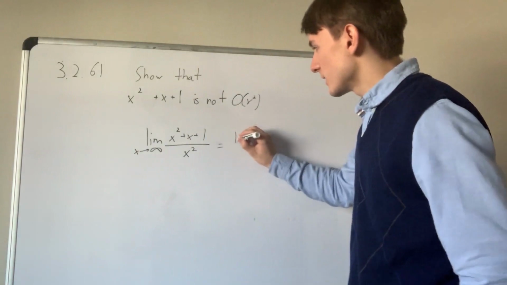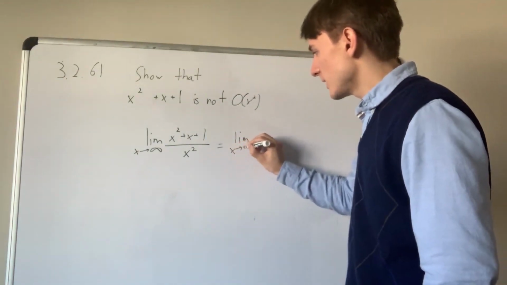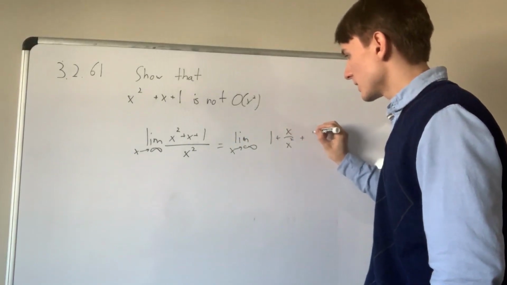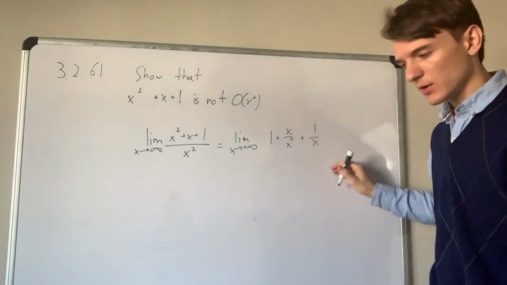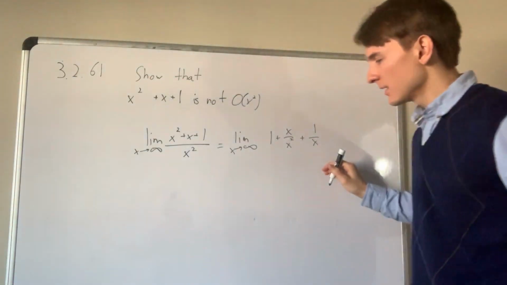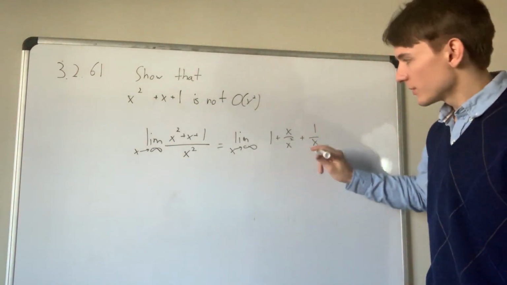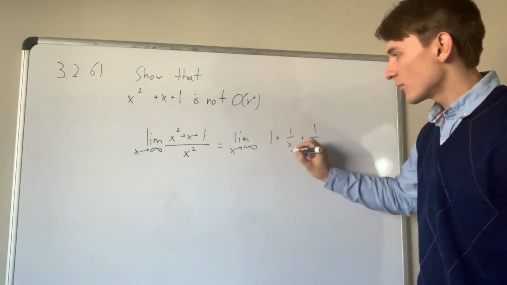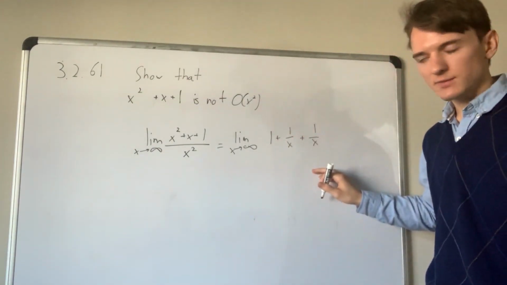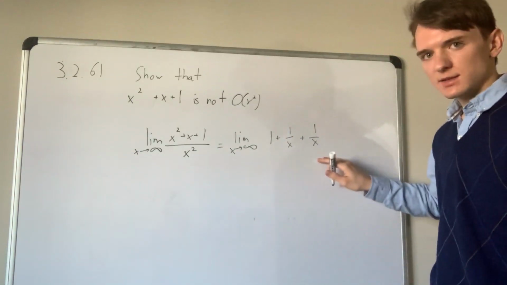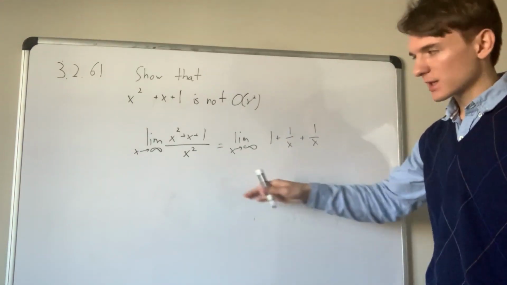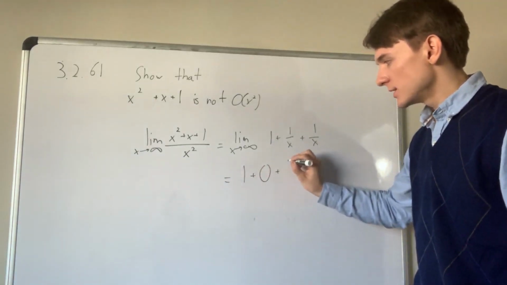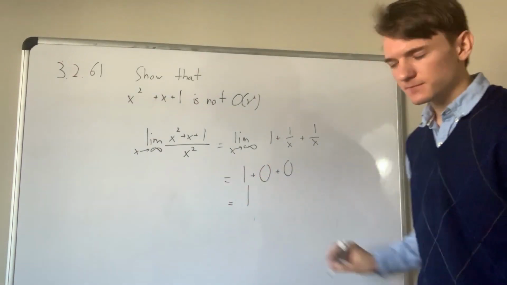That's just equivalent to the limit, x goes to infinity, 1 plus x all over x squared plus 1 over x, right? Let's just combine this step with the next step. Divide out, and we have 1 plus 1 over x plus 1 over x squared. If we evaluate this where x goes to infinity, that's just 1 plus 0 plus 0, or simply 1.